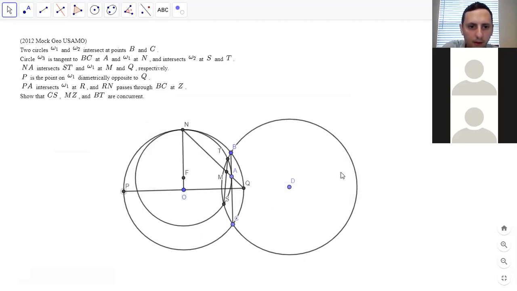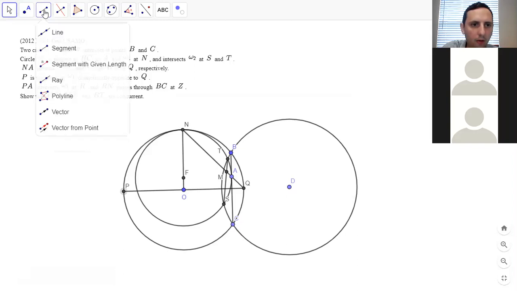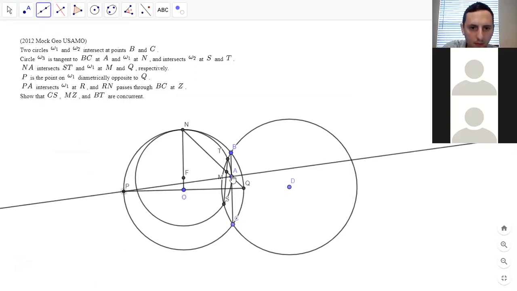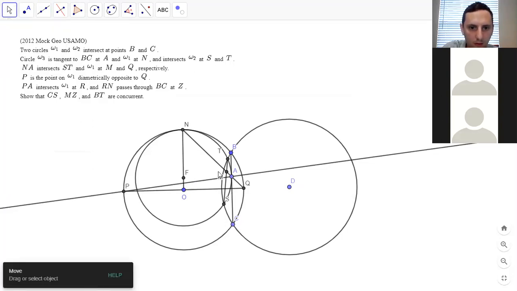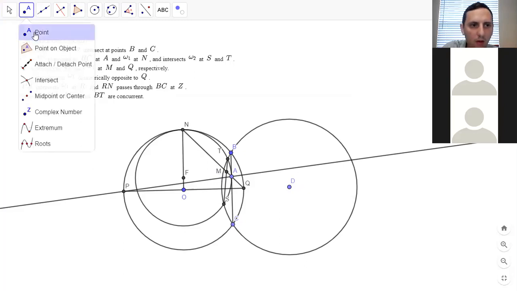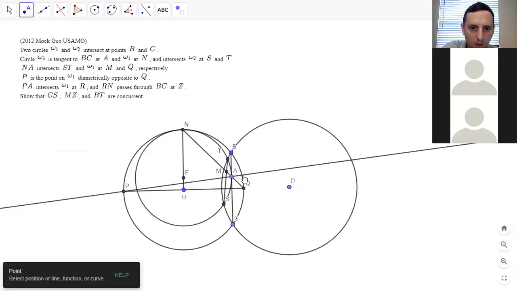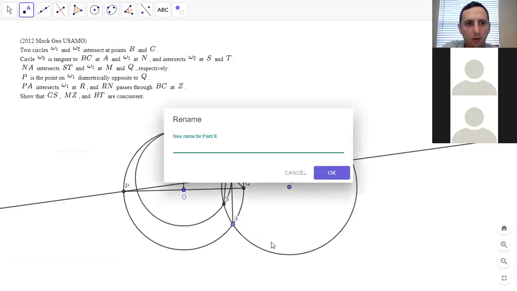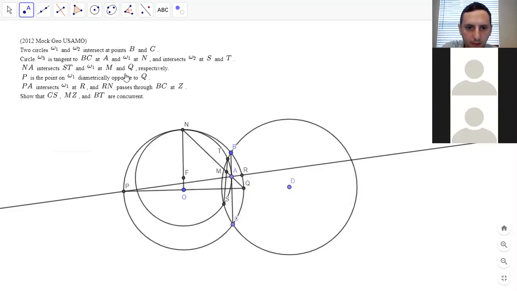And PA intersects omega 1 at R. And RN intersects BC at Z.